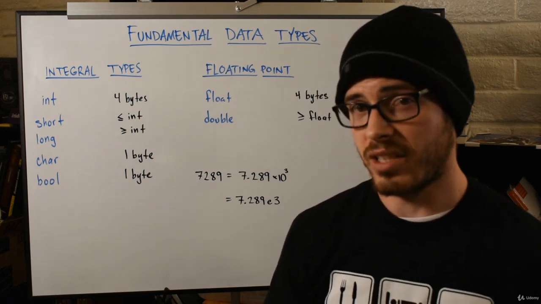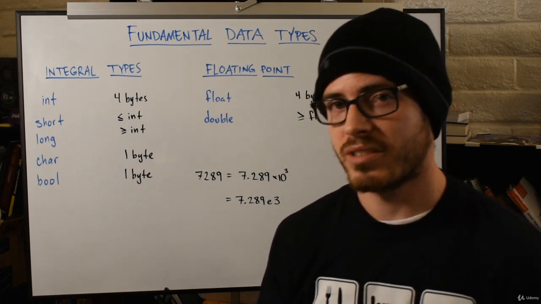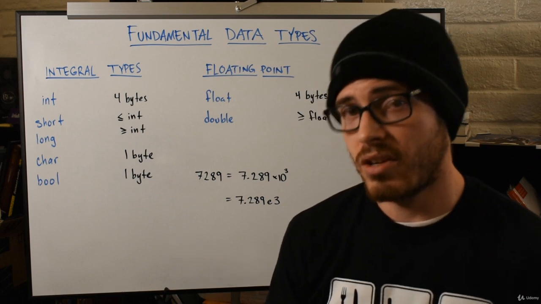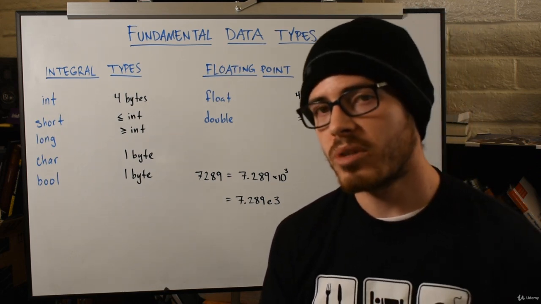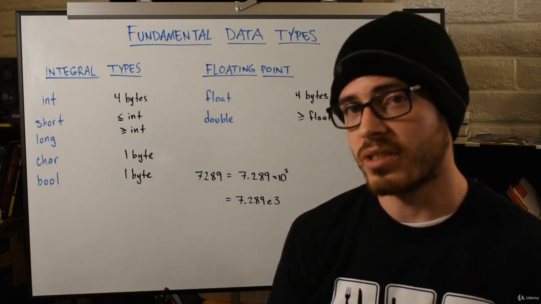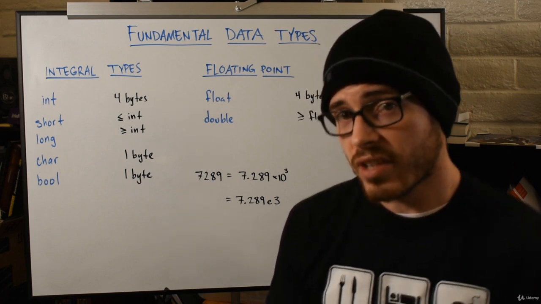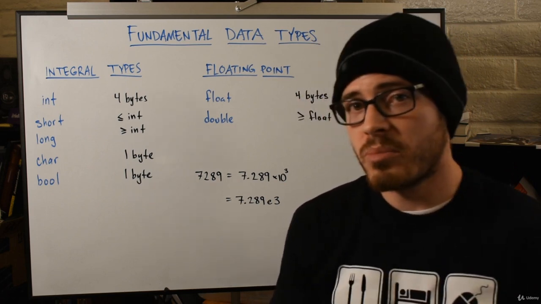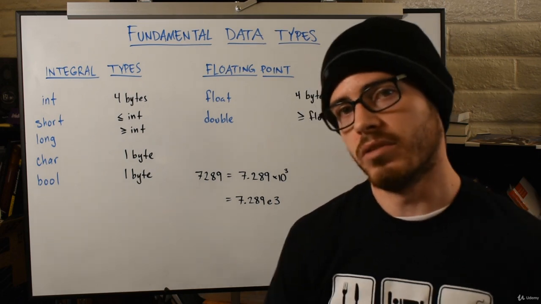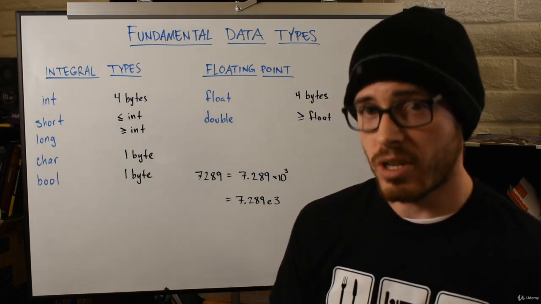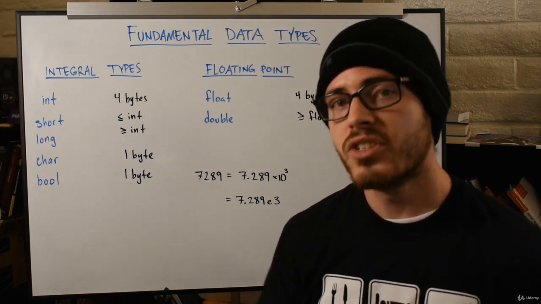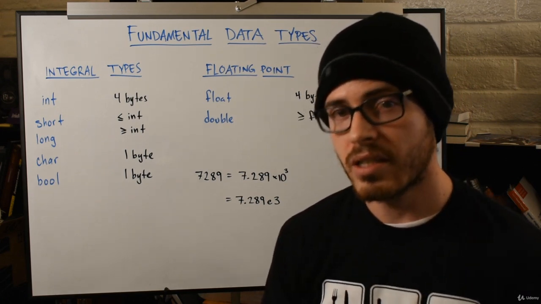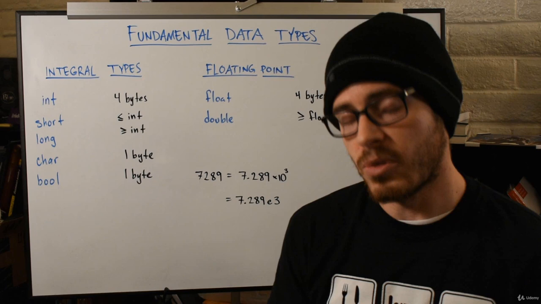If you're using something larger than a double, which is probably quite a large number, there's something called a long double, but for our purposes, we're probably not going to be using something that big. In fact, for game development, we're going to be throwing around numbers around the size of a float. So what I would do, if I were you, is not get overwhelmed by all these different types of data types. Just keep the core ones in mind that we're probably going to be using most often.